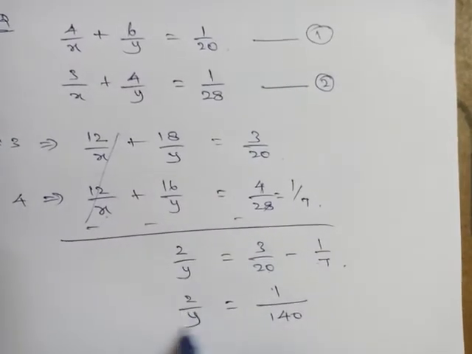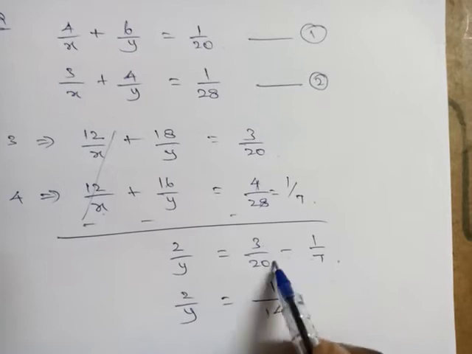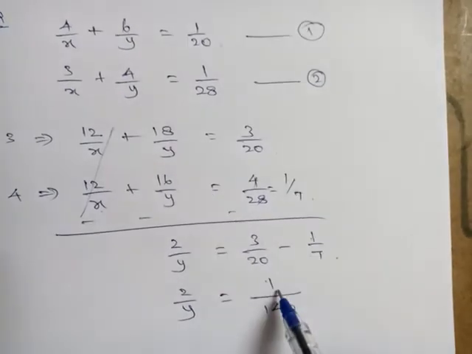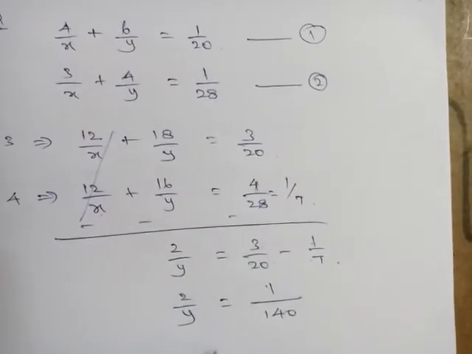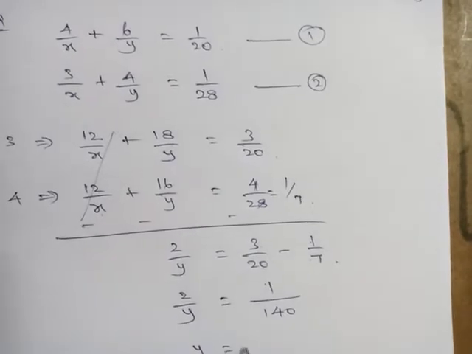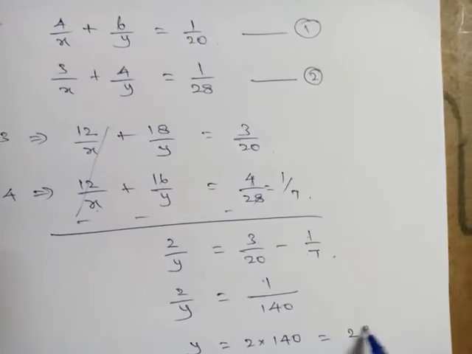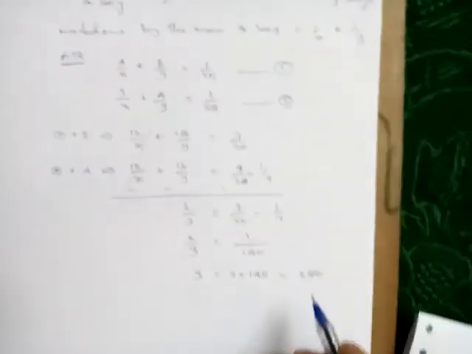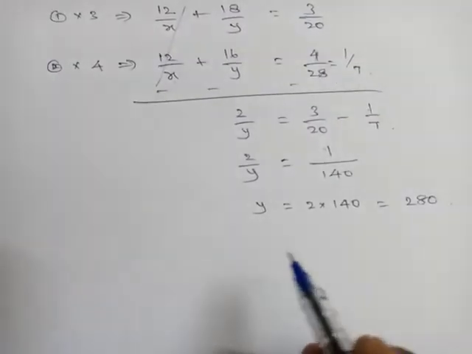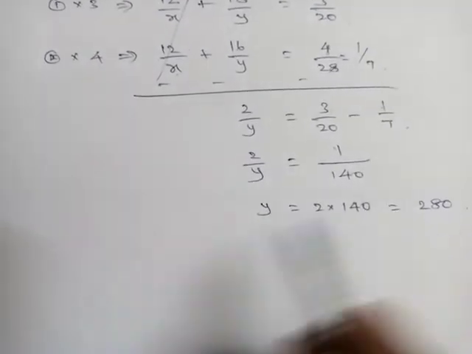So 2 by y equals 1 by 140. So y is equal to 2 into 140, that is nothing but 280. That means one boy alone can complete the work in 280 days.